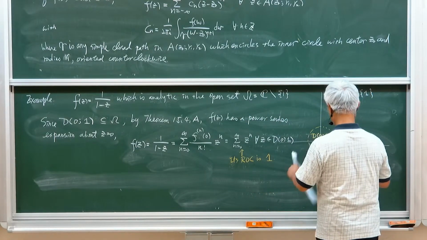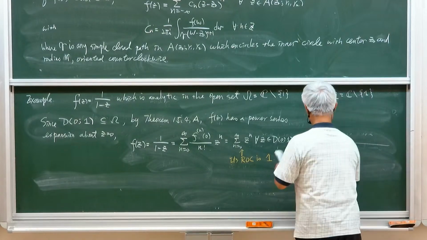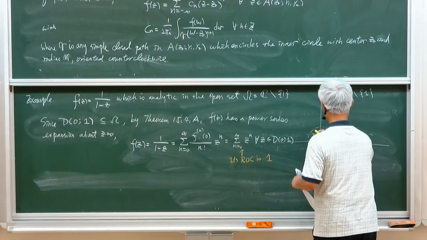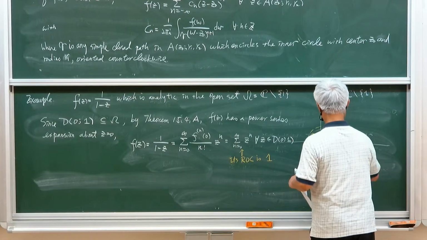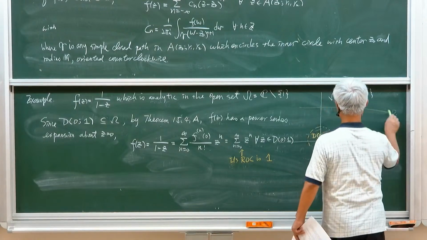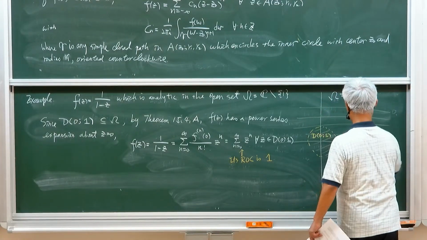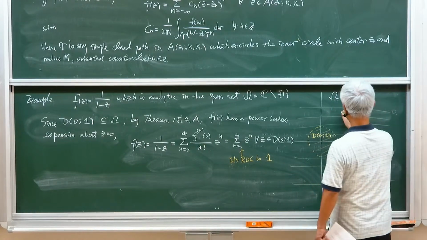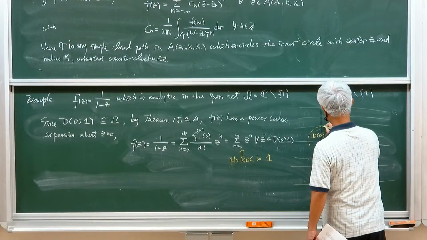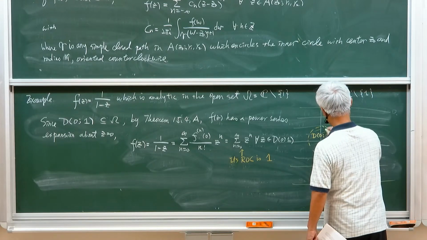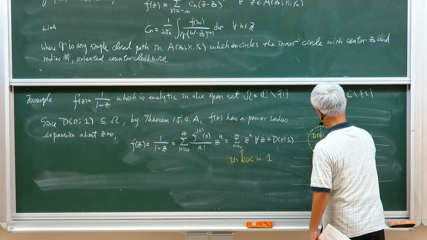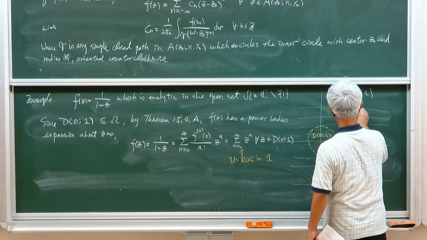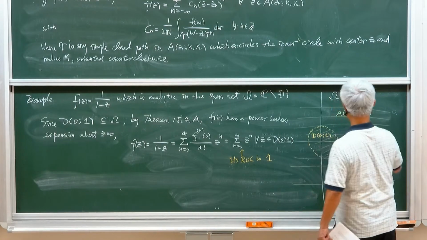Okay, but if we check, so this is inside, but how about the outside? The outside here actually is the open annulus with center 0, with radii 1 and infinity.